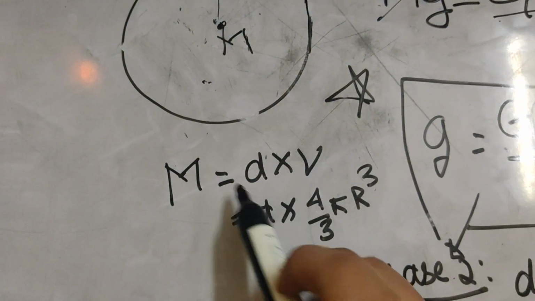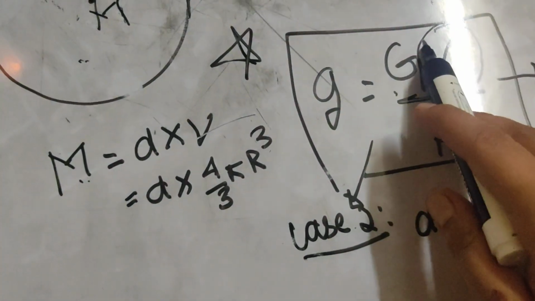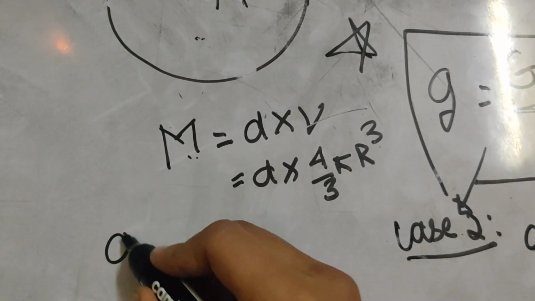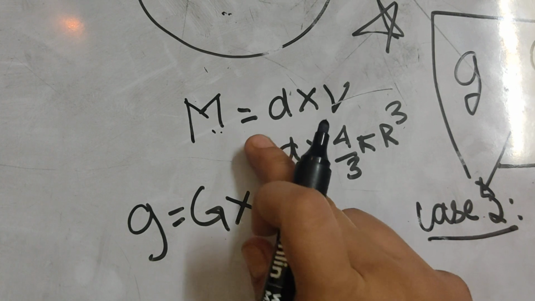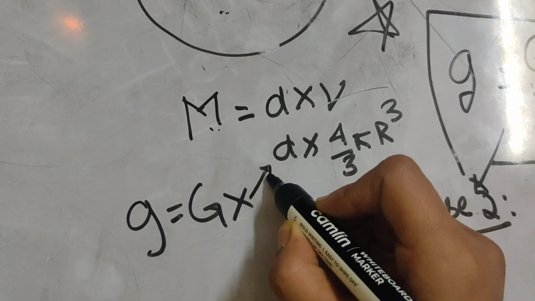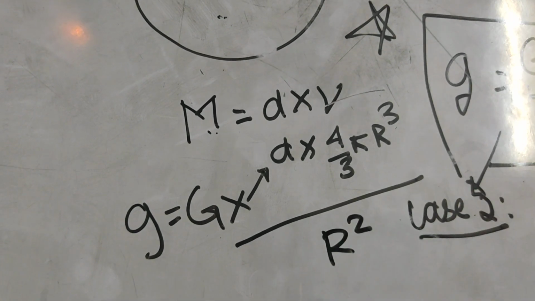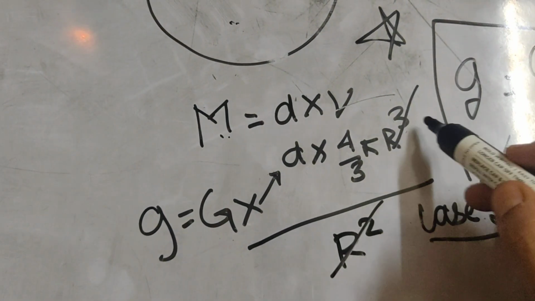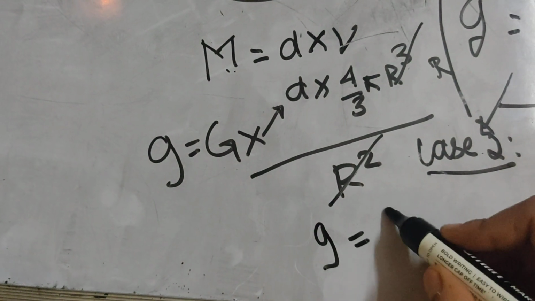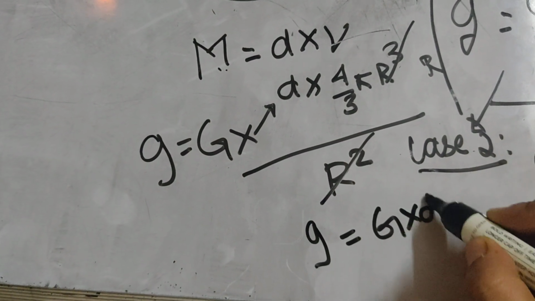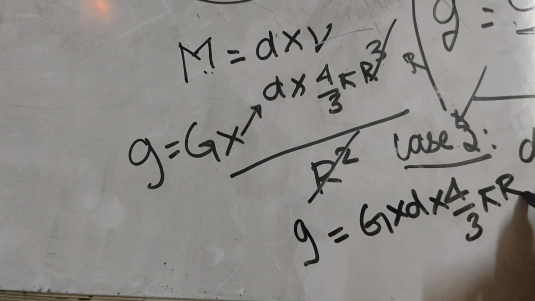If we substitute this m in the formula, what do you get? g is equal to capital G into d into 4 by 3 pi r cube upon r square. So r square and r cube get cancelled, remaining 1 r. So you get g is equal to capital G into d into 4 by 3 pi r.